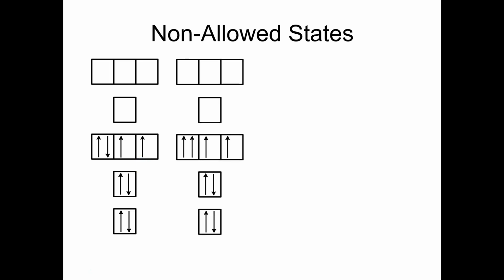What if I take this electron and flip it over? Well, I can't do that because now these 2 electrons have the same 4 quantum numbers. And so the Pauli exclusion principle is fundamentally different than Aufbau and Hund's rule. The Pauli exclusion principle is one of the fundamental laws of quantum mechanics, and it cannot be violated. So this is a non-allowed state. It cannot exist.